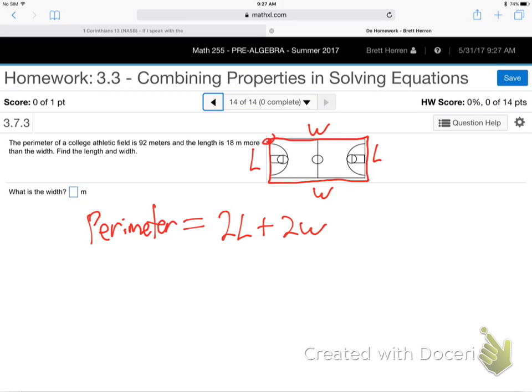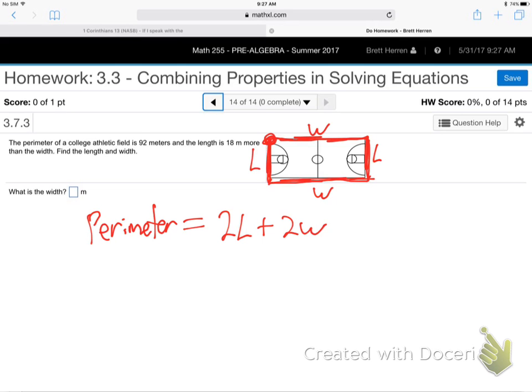If you started here, say, you'd go L, W, L, W, wouldn't you? You do the length twice and the width twice to go all the way around the thing. 2 L's plus 2 W's added up. So that's the perimeter of any rectangle. Okay, so there's our basic formula we're going to use.